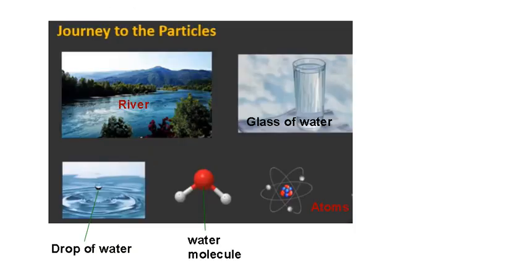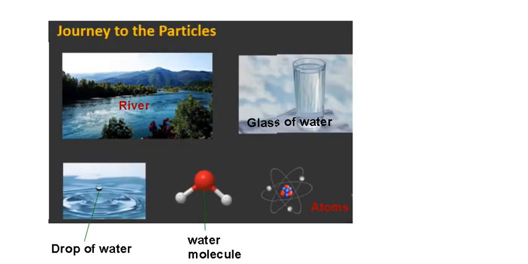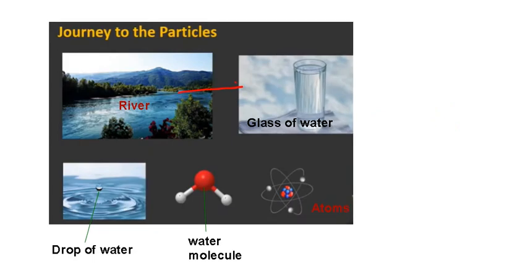Here from the river, we have a glass of water. Then from the glass of water, we come down to a drop of water. Then from the drop of water, we come down to the water molecule, which cannot be seen with the naked eye but with an electron microscope. Then from there, we now come down to the atom.